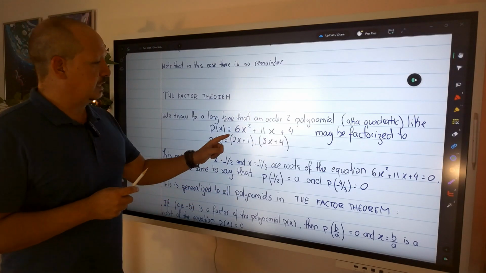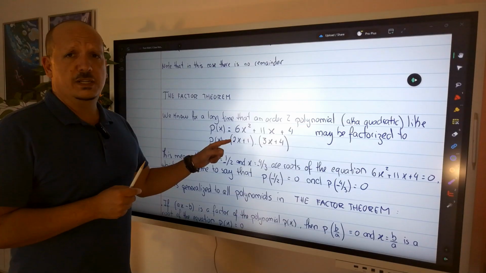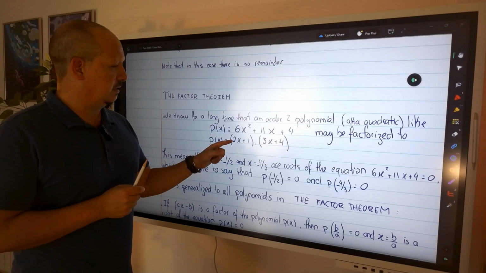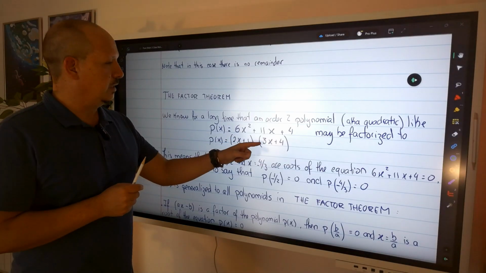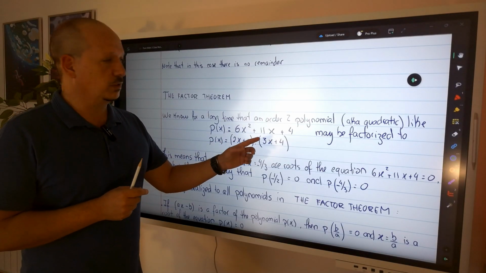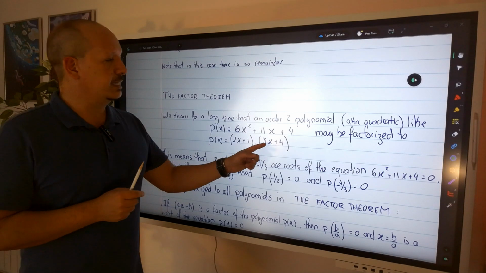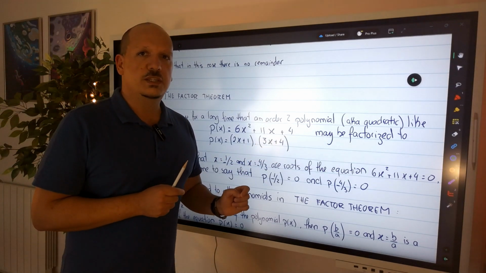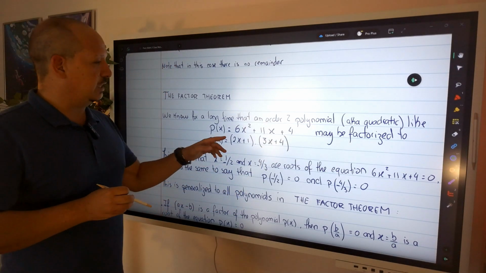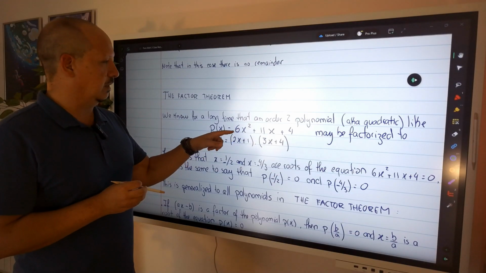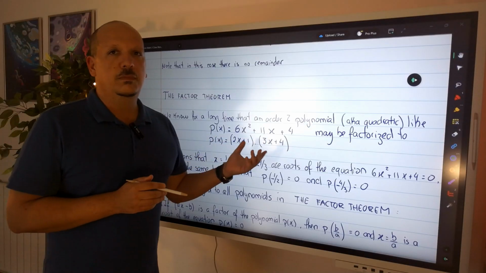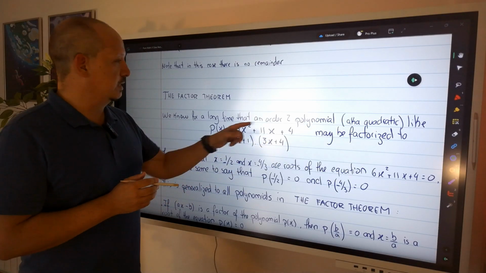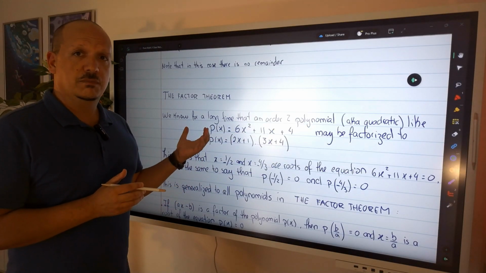So if you equal this to 0, what is the result of that equation? x is going to be minus 1/2. If you equal this to 0, the result of that equation is going to be x equals minus 4/3. This means what? This means that if you substitute x on the polynomial by either minus 1/2 or minus 4/3, the result of this is going to be 0, right?